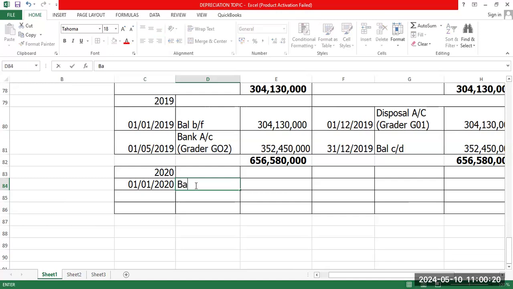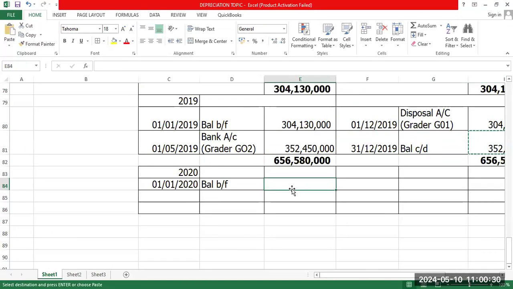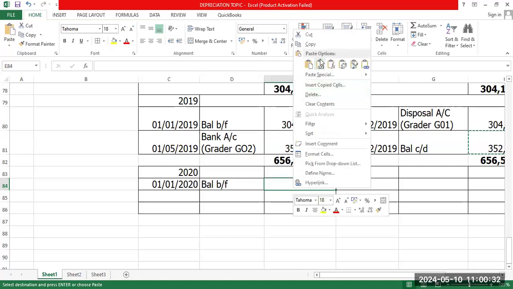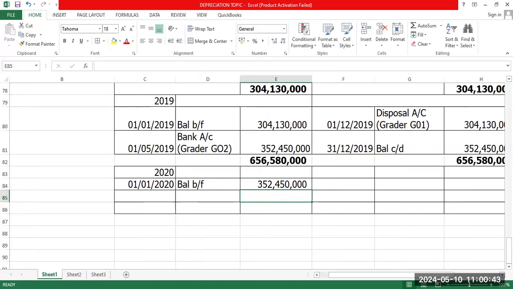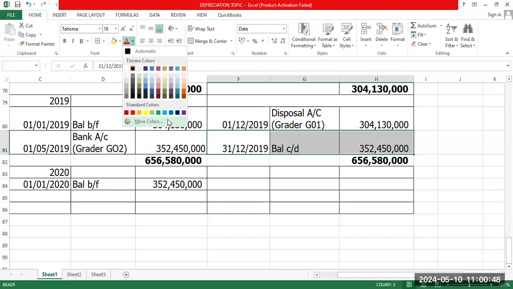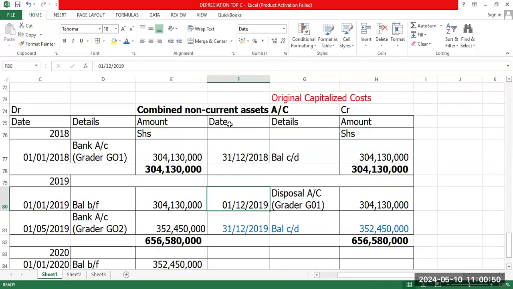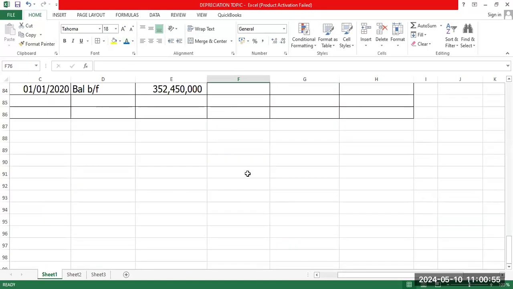This is balance brought forward. You bring this figure here. Colleagues, these ones we have here are our balancing figures. You're just balancing the side.